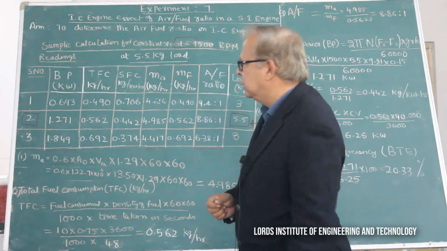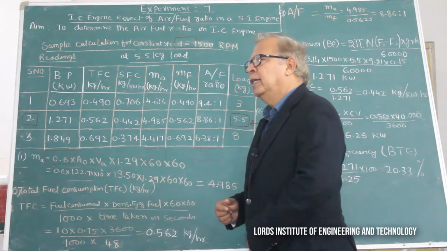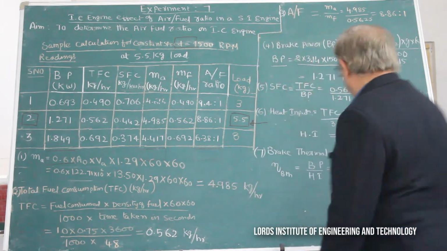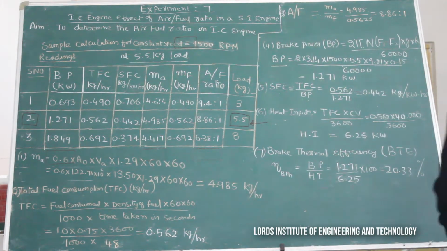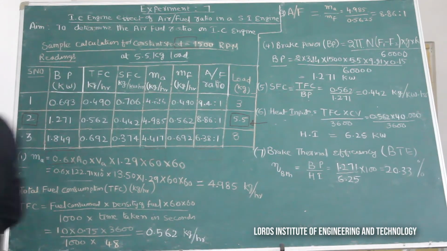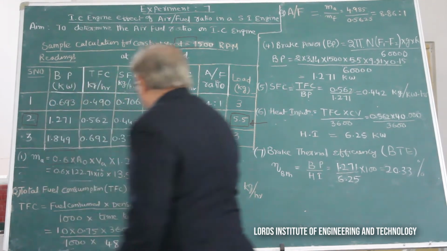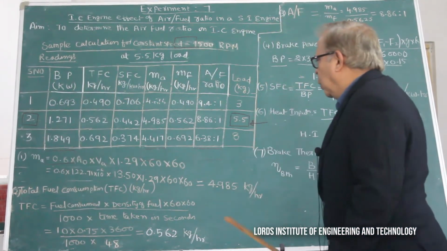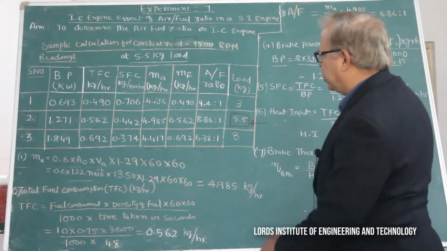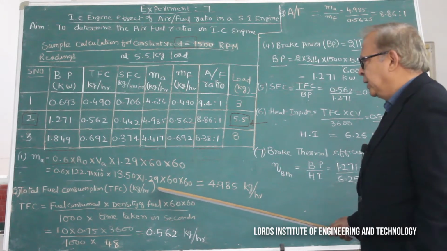CD I am considering as 0.6. The area of the orifice meter, that is constant, is 122.71 into 10 to the power minus 6, into 1350, that is the velocity of air which we have calculated, and 1.29 is the density of air.